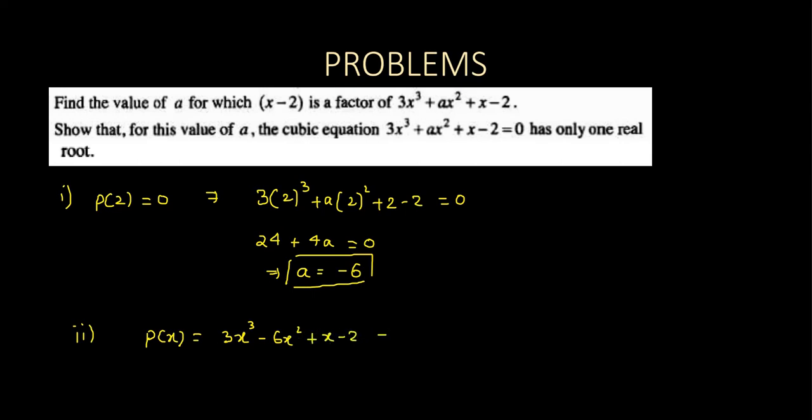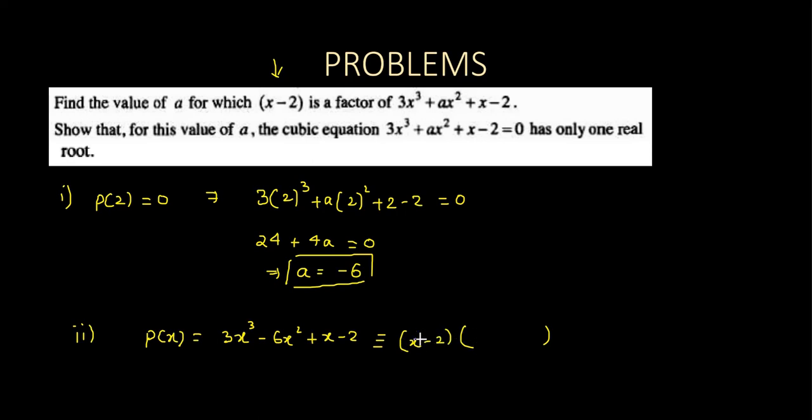So the first process is I need to factorize this. As it says that x minus 2 is one factor of this polynomial, I can write this as x minus 2 multiplied by one quadratic factor. Why quadratic? Because the highest term here is of power 3 and one linear term is here, so this has to be a quadratic polynomial.